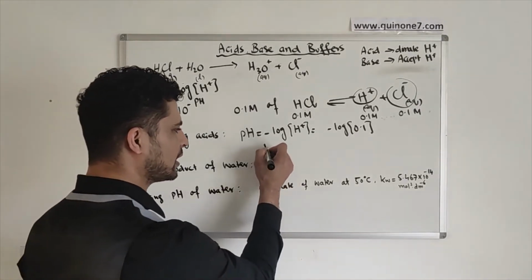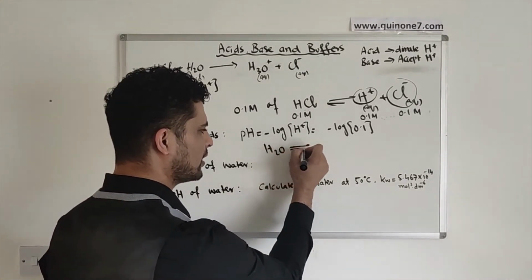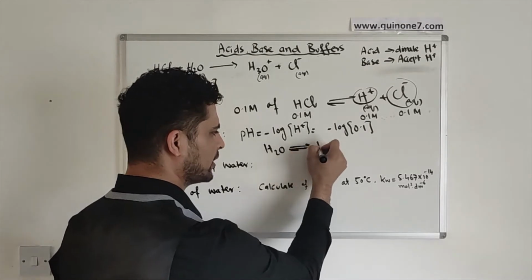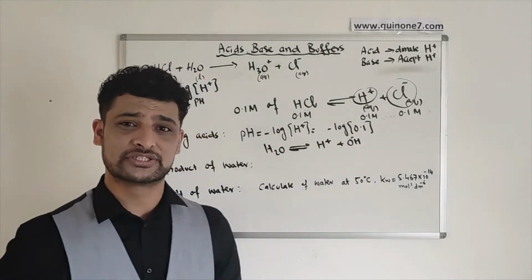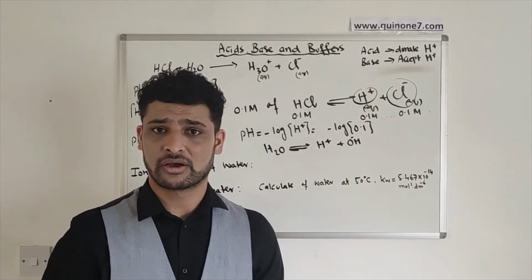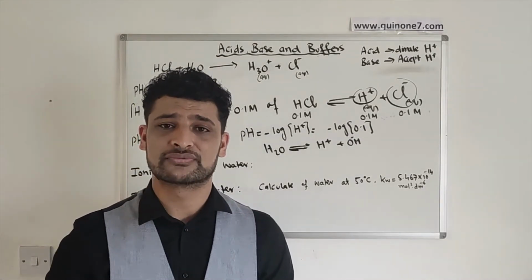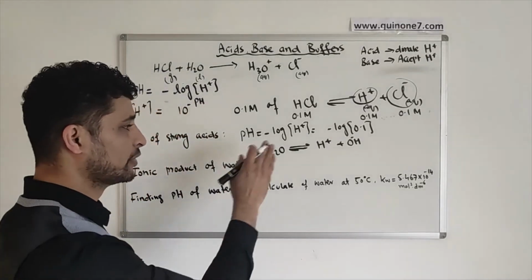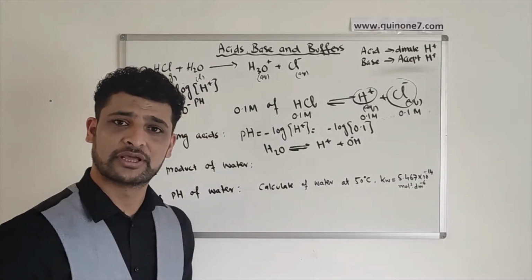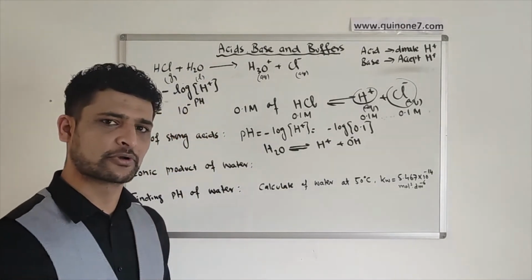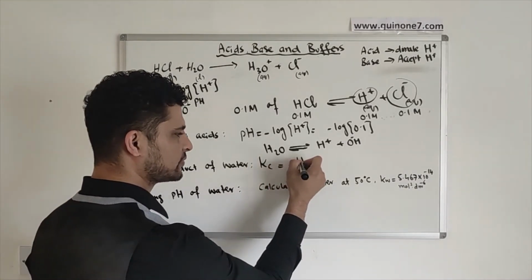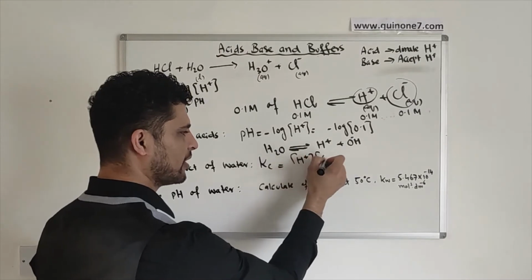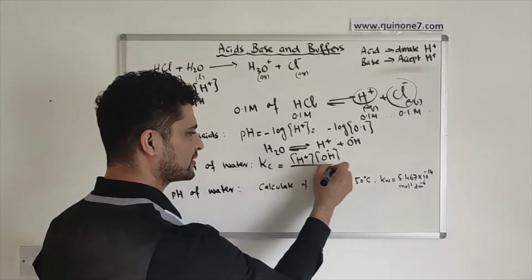You know that water can dissociate into H positive ion plus OH negative ion. Because it's a poor dissociator, only a tiny fraction of the water molecules will be converted into H positive ion and OH negative ion. Now, the equilibrium constant, if you remember, Kc is equal to the concentration of the products divided by the concentration of the reactants.